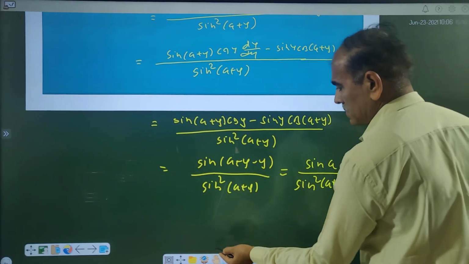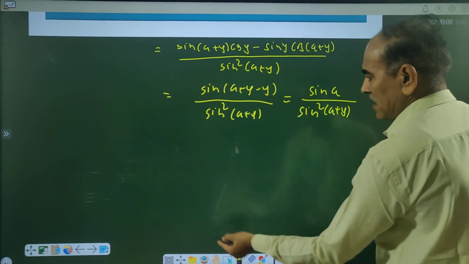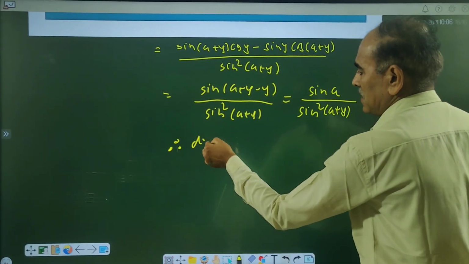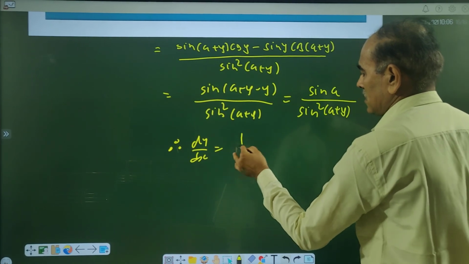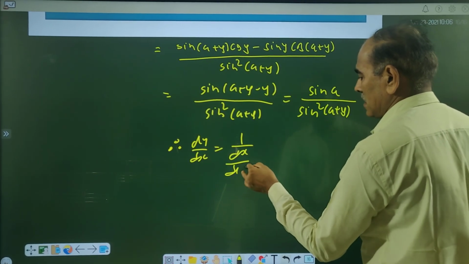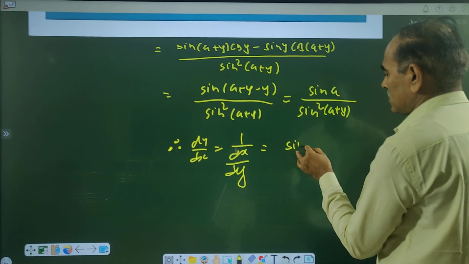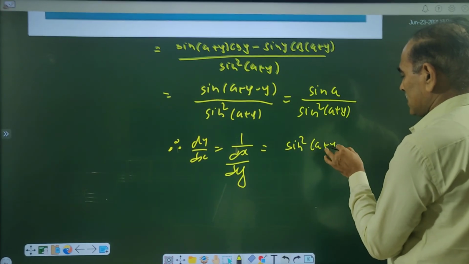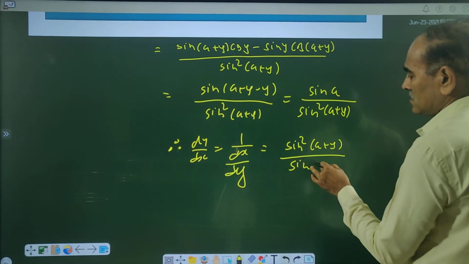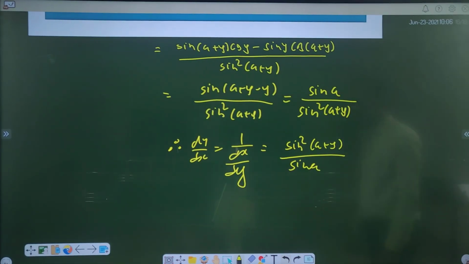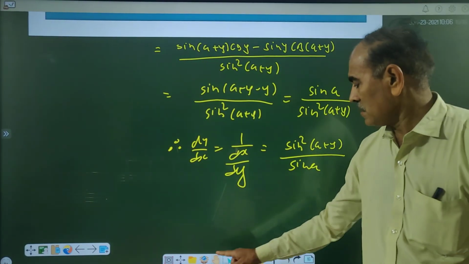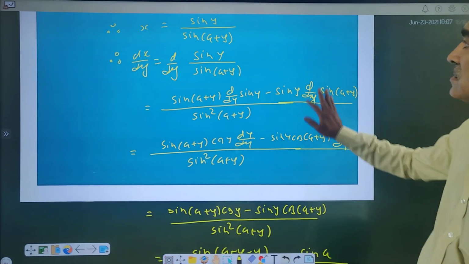What is this thing? Is it dx by dy? So what is dy by dx? It is 1 upon dx by dy, and that comes out as sine square a plus y over sine a. So in the same way, you can see this thing also.